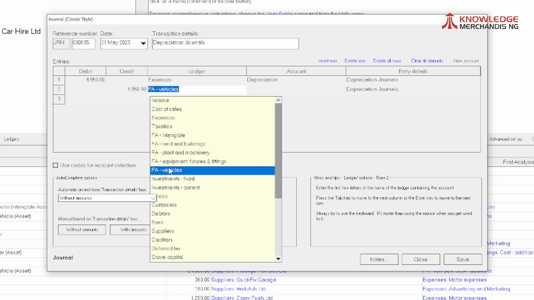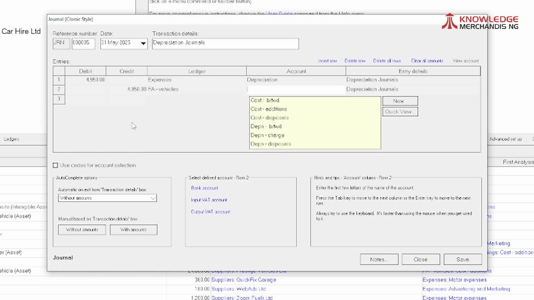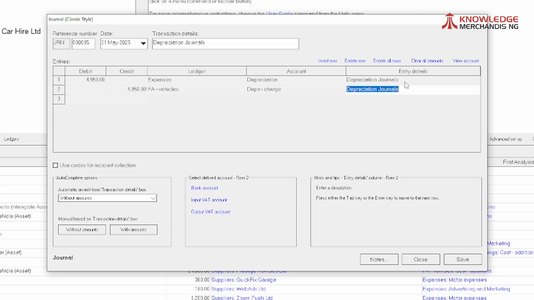We have to credit the vehicles, so therefore it is depreciation charge for the year, so we have to put depreciations. So as much information as you put in, that will help us in the future. Right. Okay, save this one.